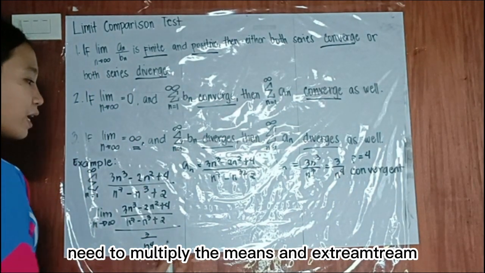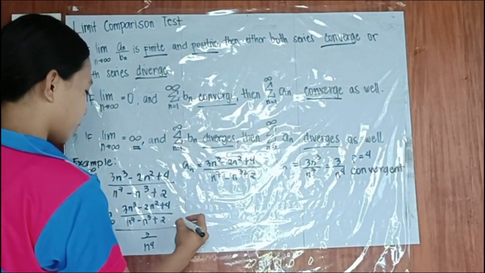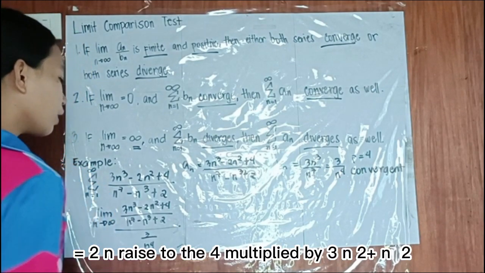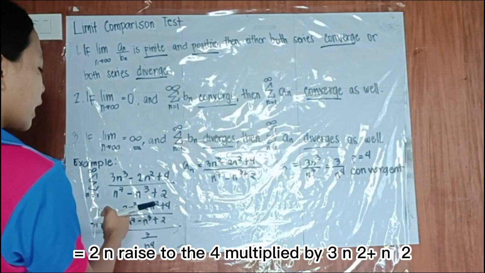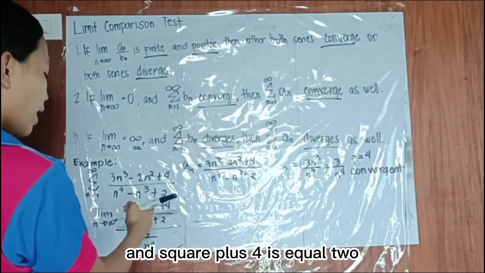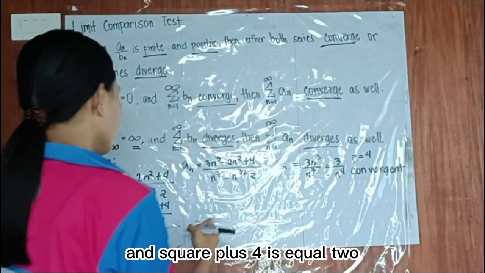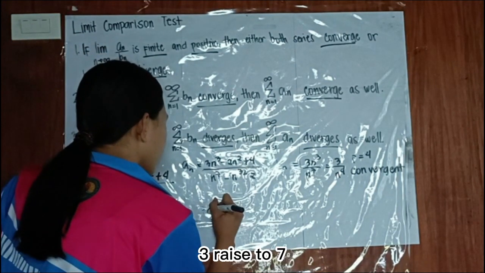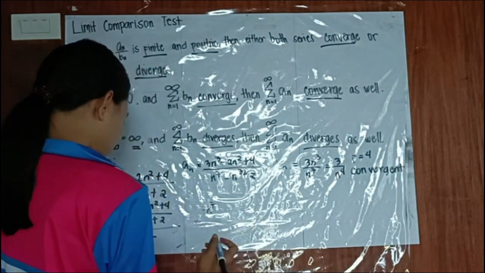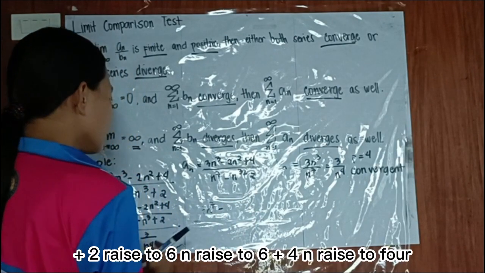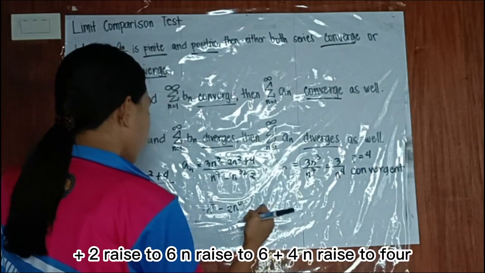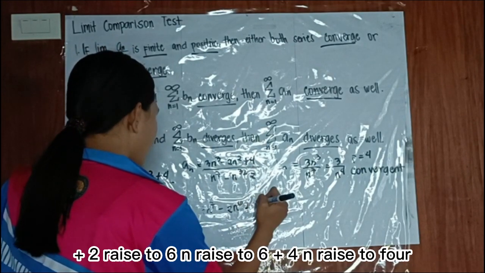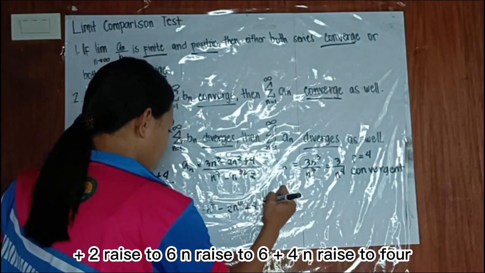Need to multiply the means and extremes. Equals n raised to the 4 multiplied by 3n cubed less 2n squared plus 4, which is 3n raised to 7 less 2n raised to 6 plus 4n raised to 4.